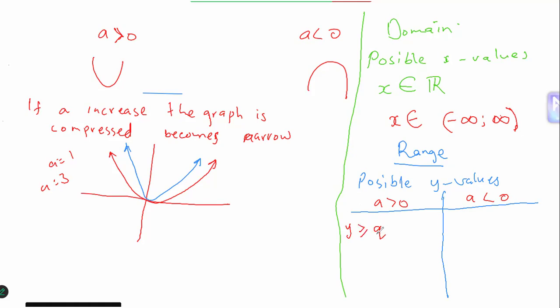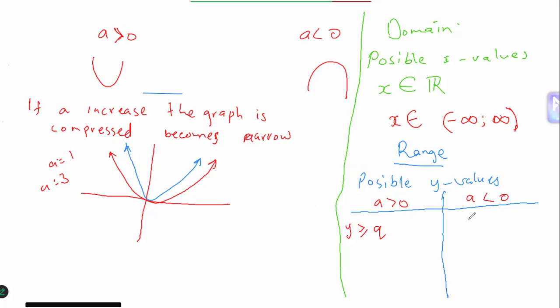Remember the value of q from our previous lesson, we said it is the y value of the turning point. So if the graph is concave up, then the range will be y is greater than or equal to q.